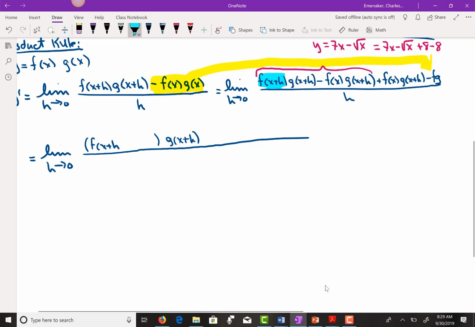Then, from the second one, still going to have that, minus f of x. It may not be clear to you why I'm doing this just yet, but the algebra there, does that make sense? From each of the first two terms, I factored out a common factor of g of x plus h.